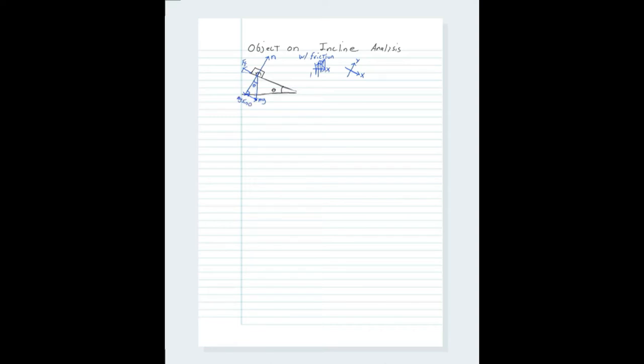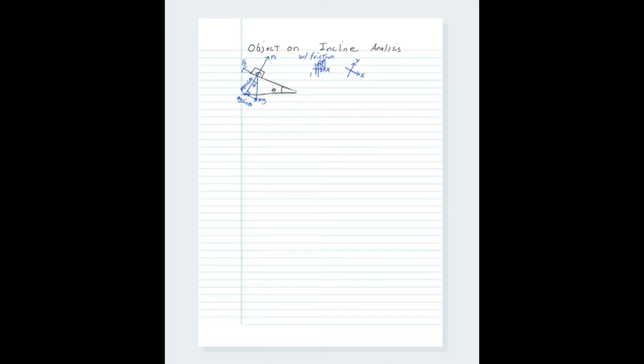So the force at the bottom here is mg sine of theta, because that is the opposite side to this triangle. And this side that's coming down is mg cosine of theta, because it's the side that's adjacent to the angle. So that's how I split it up into components.